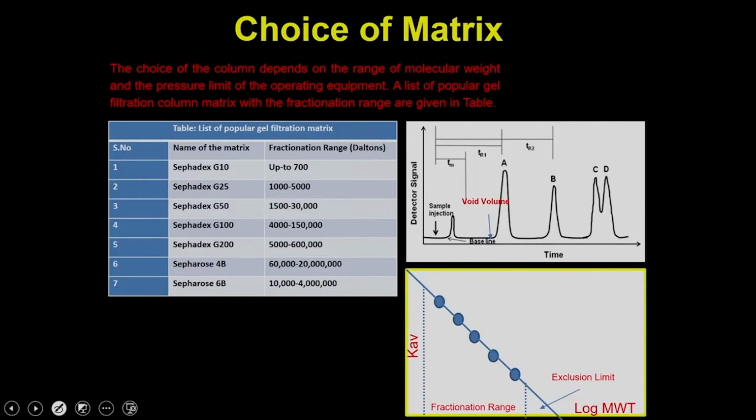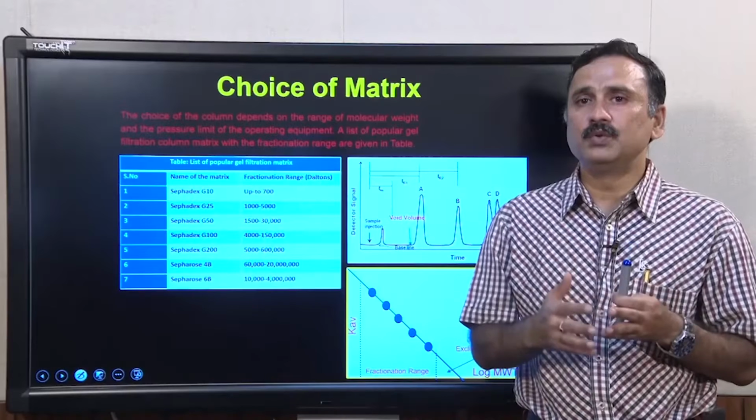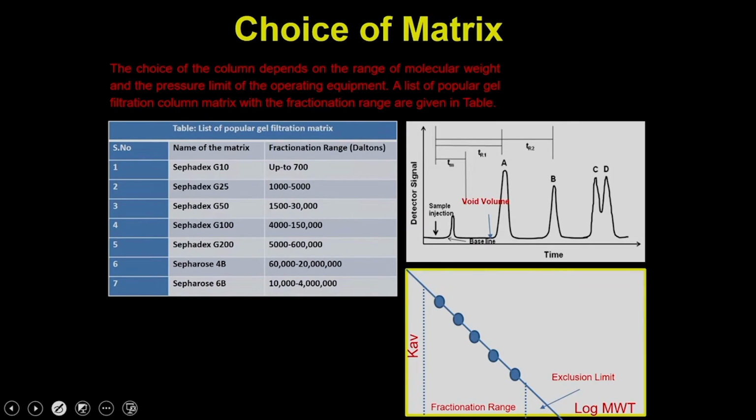Now, once you would like to perform gel filtration chromatography, you have to decide many parameters. One of the crucial parameters is how to choose the matrix. The choice of the column depends on the range of the molecular weight and the pressure limit of the operating equipment, which means you have to consider two parameters.